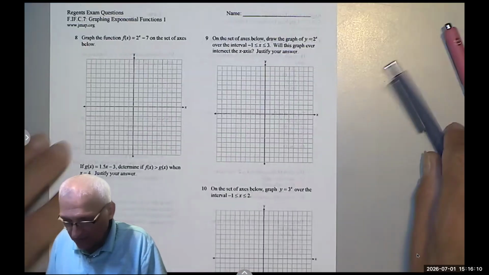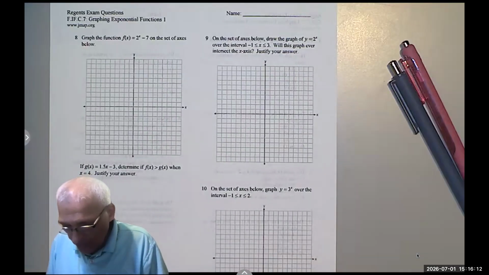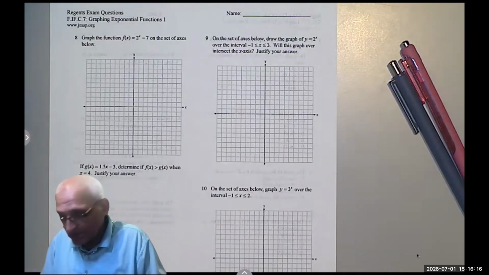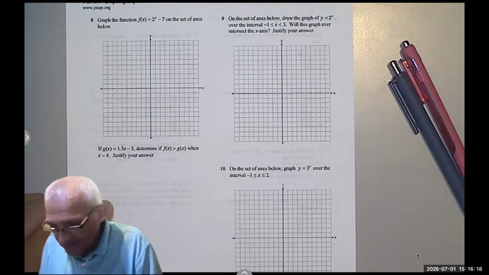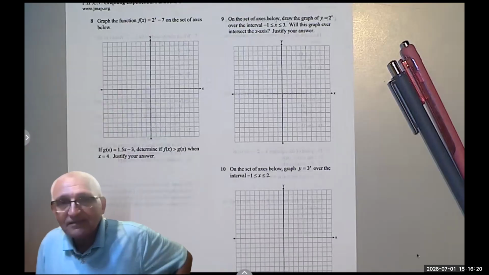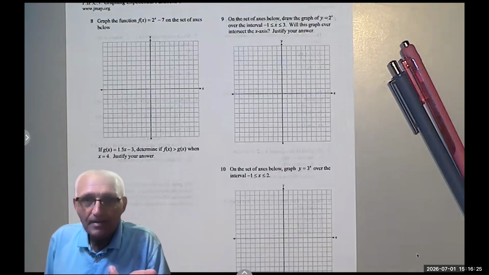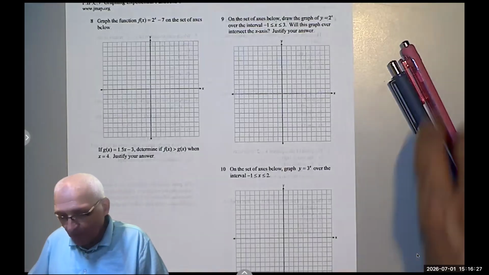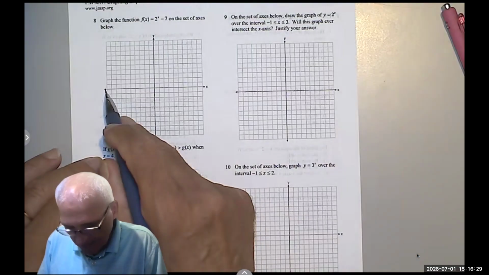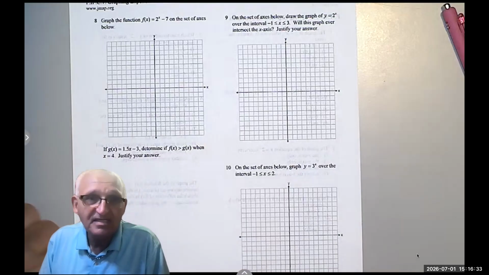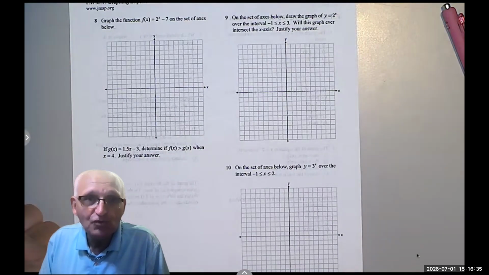Okay. Next, now we have to plot. We can use a calculator and also a table. We can make a table for number 8. Well, there is a quicker way to do it. We know that y equals 0, which is the x-axis, is an asymptote of 2 to the x.